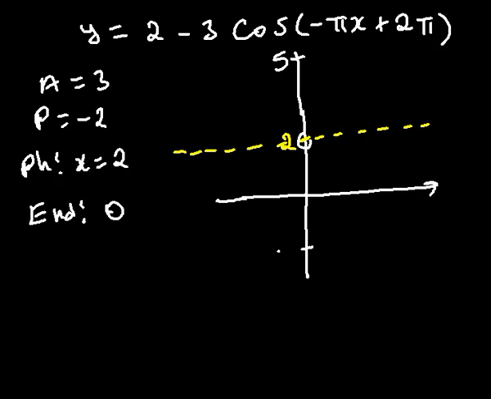So that is negative 1. We'll have it as a negative 1, such that we have the amplitude given as 3, as it is here.